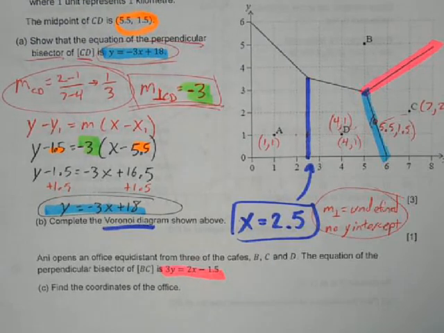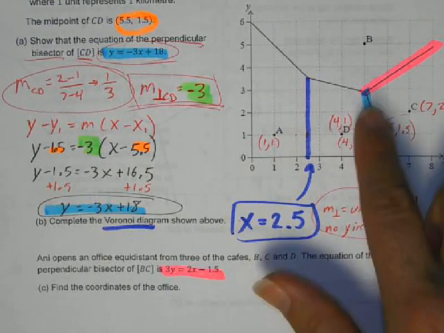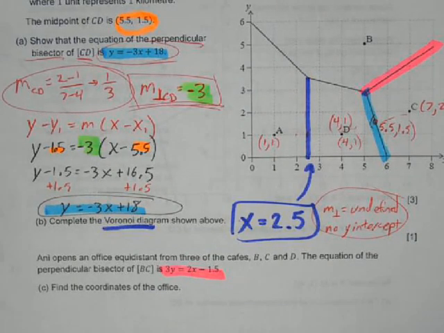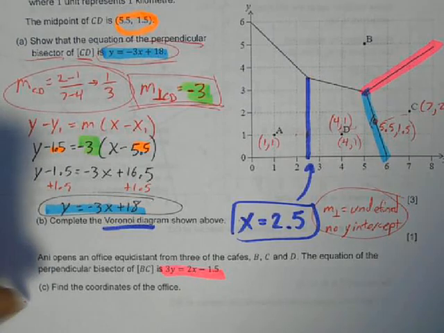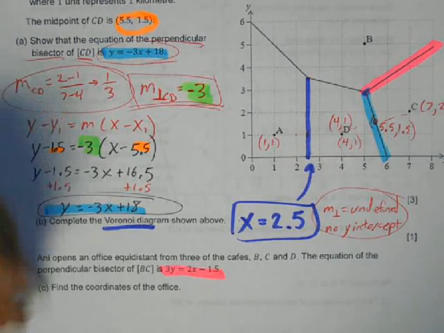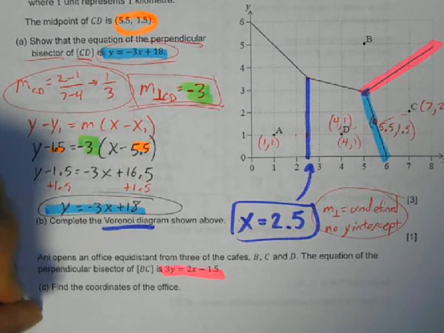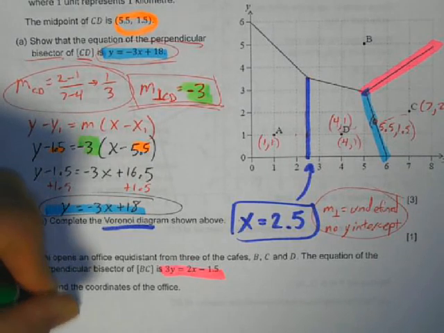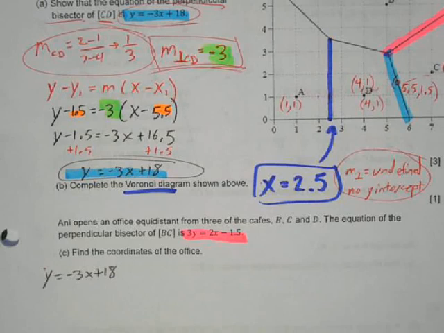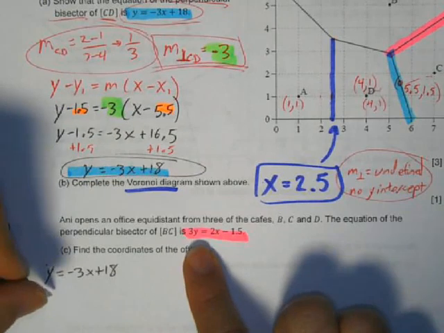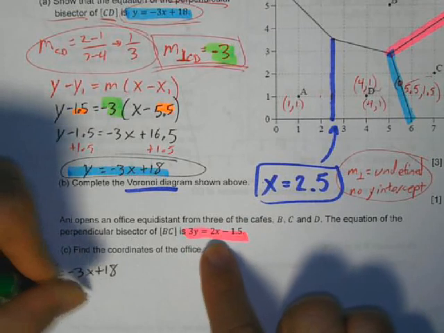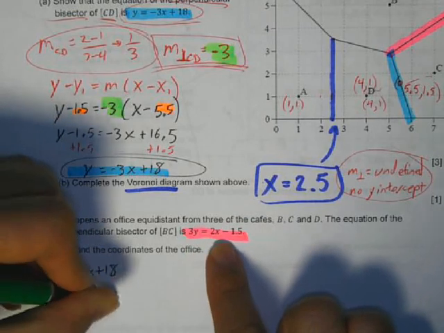To figure out where those lines intersect, I'm going to make these two equations equal to each other. So we have y equals -3x plus 18, and the other equation, 3y equals 2x minus 1.5. We're going to make these equal to each other.